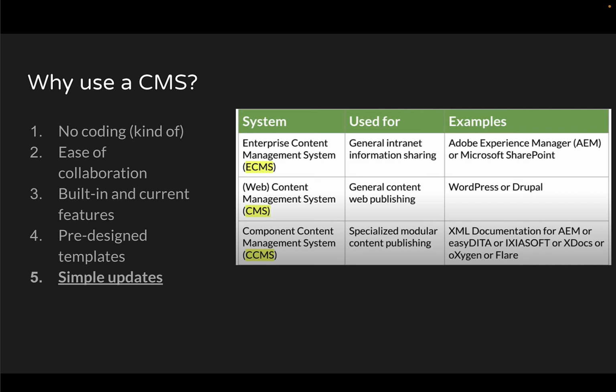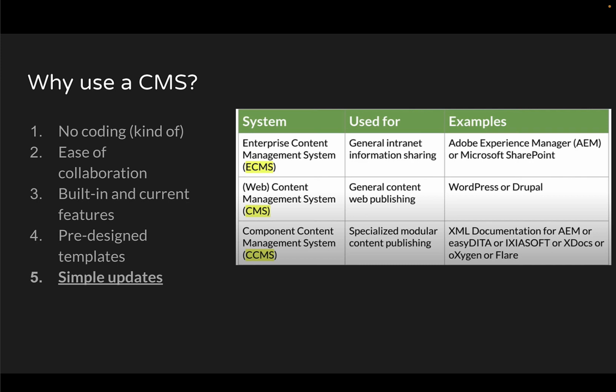A content management system allows us to componentize our content and create content that's reusable, very similar to a component content management system. But we can, for example, change the name of a page on a navigation menu in one place in WordPress, and it will change throughout the entire site. So simple updates are going to be important.